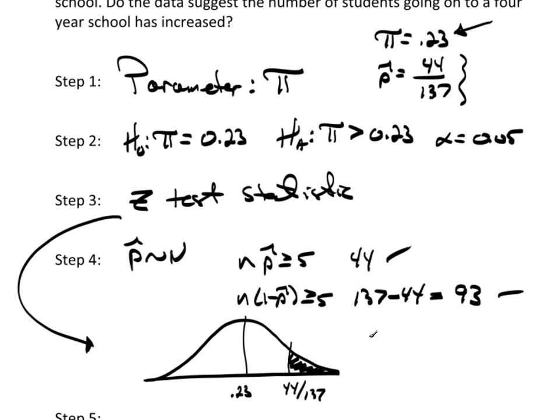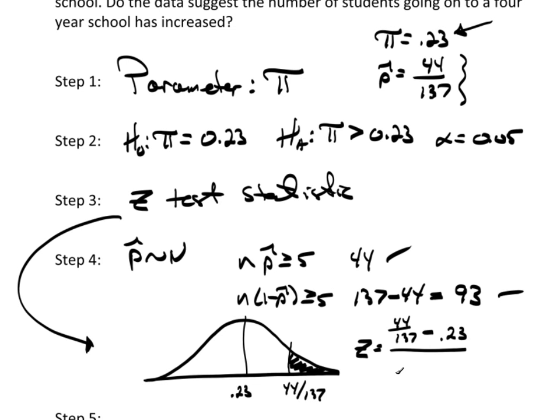The actual test statistic will be z equals the observed value, 44 over 137, minus the mean under the null hypothesis, which is 0.23, divided by the standard deviation.